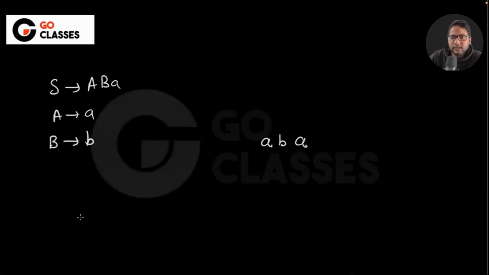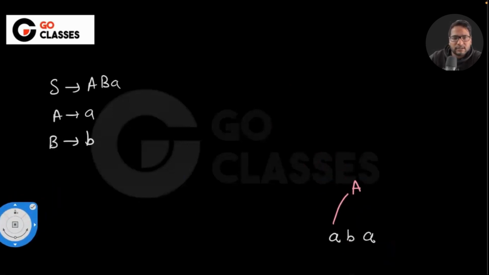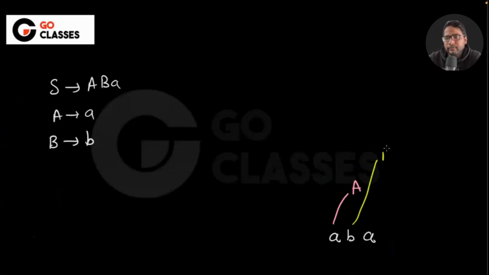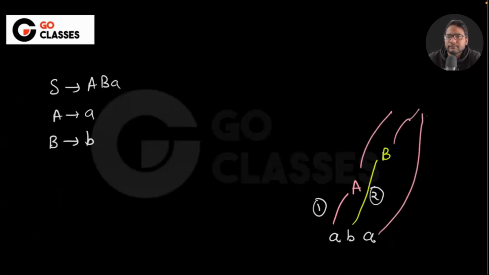Bottom-up parser is saying, okay, let me reduce this to capital A, and this is the first thing that the bottom-up parser does. Then it says, now let me reduce this to capital B. This is the second thing, and now as a third thing, I'm reducing this all to capital S, isn't it? This is the third step.